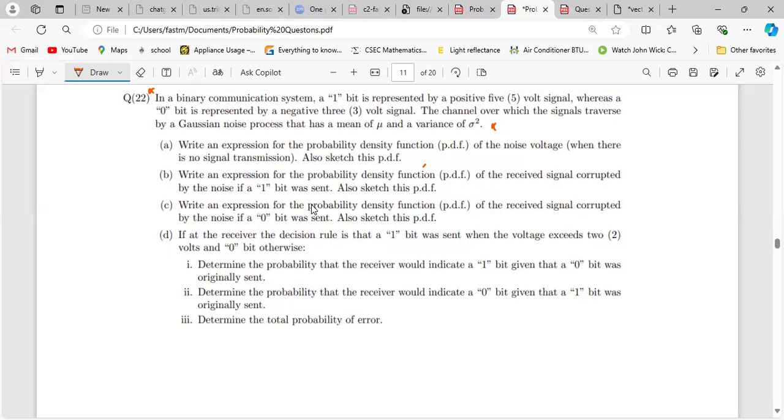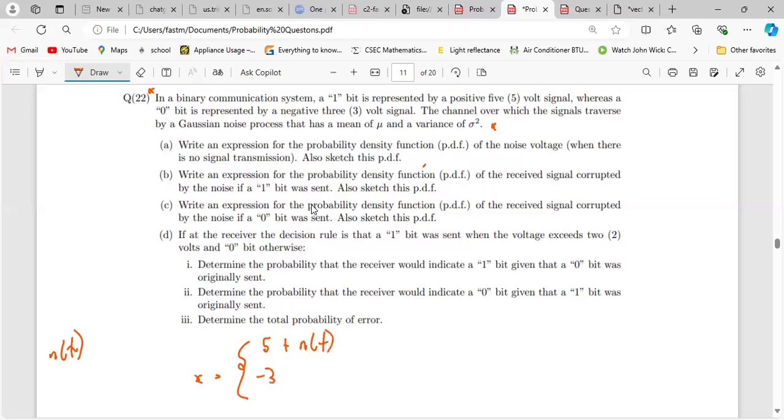So we can let the noise be represented by X at T, or it could be N at T. I feel like we use N at T because N at T is nicer. So N at T is noise. So we'll have a piecewise function. The first one is 5 plus noise.